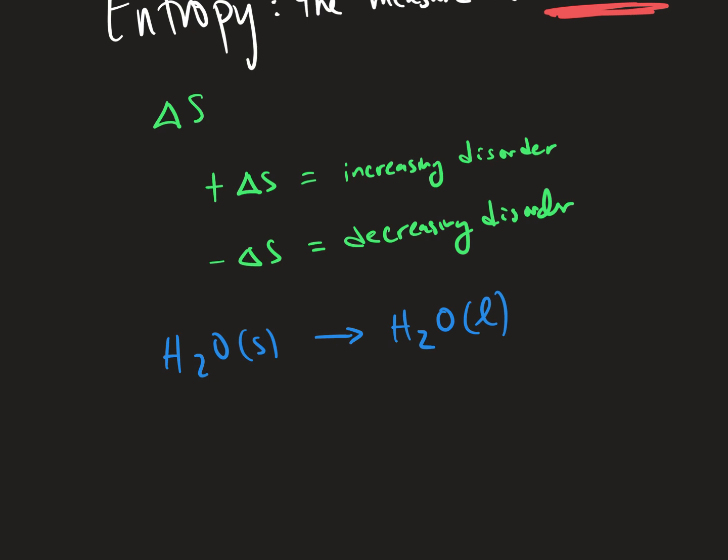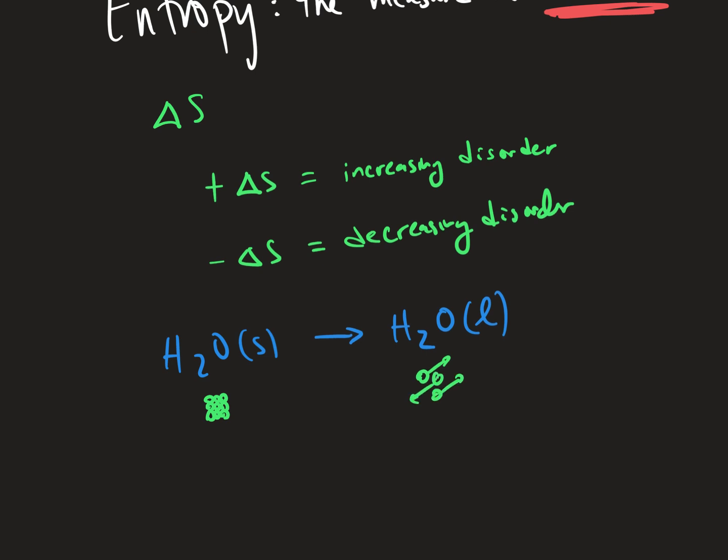Let's think about it in terms of when, first of the semester, I drew a picture of solids versus liquids versus gases, right? So a solid looks something like this. Remember this? It's all structured. And a liquid is a little bit more spread out and it can flow.